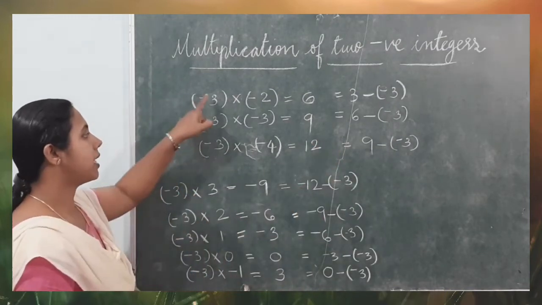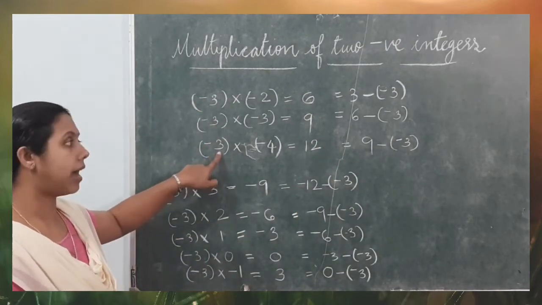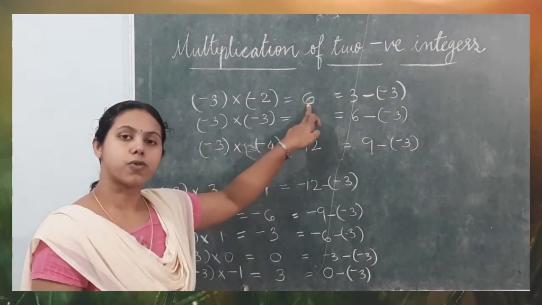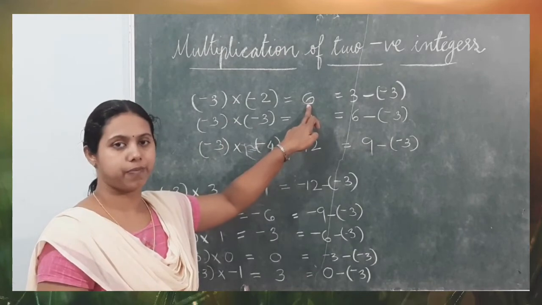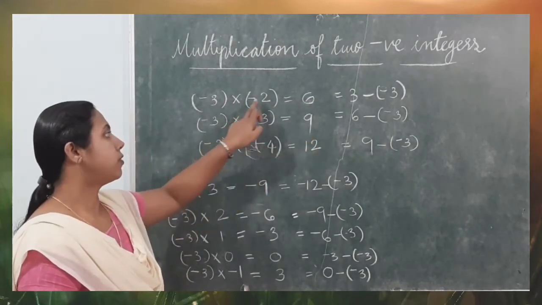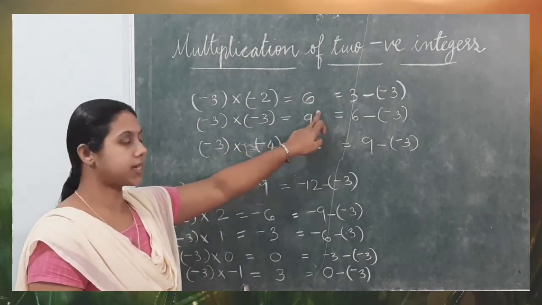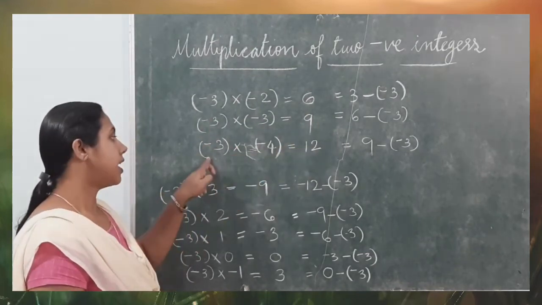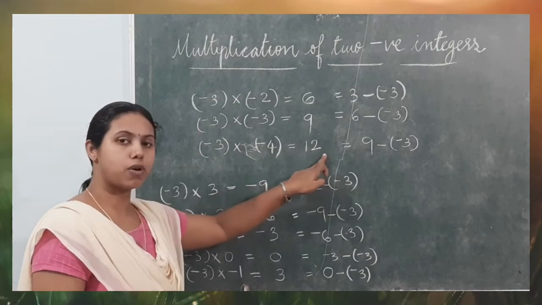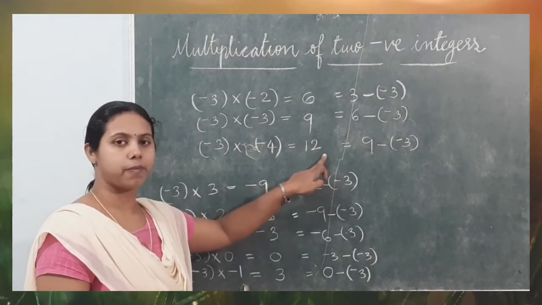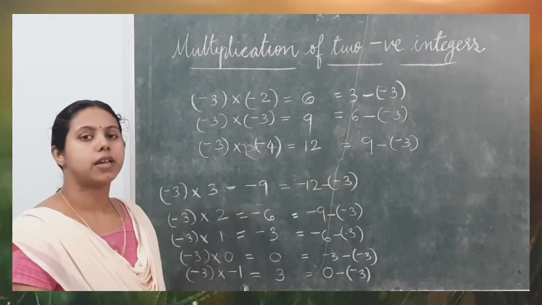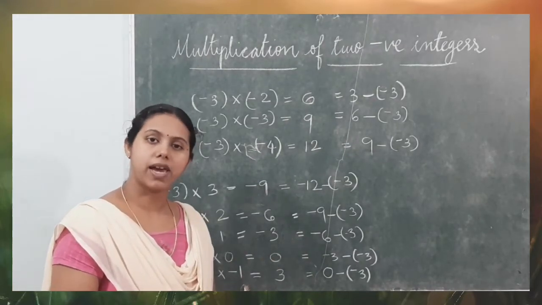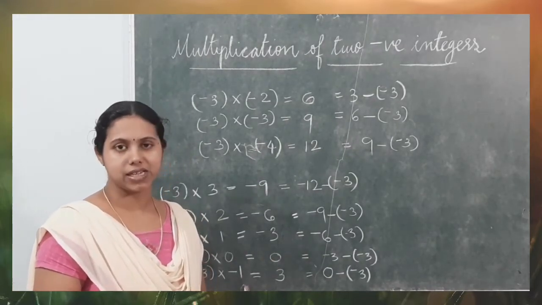So when you observe all these examples, you can see that the product of two negative integers, we are getting a positive integer. Minus 3 into minus 2 is equal to positive 6. Minus 3 into minus 3 is equal to positive 9. Minus 3 into minus 4 is equal to positive 12.